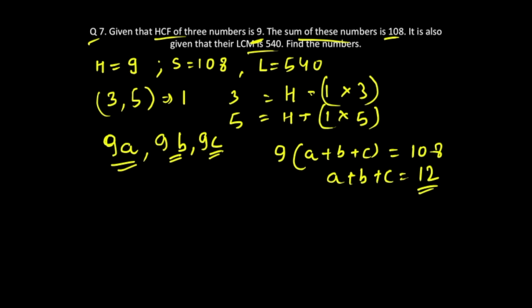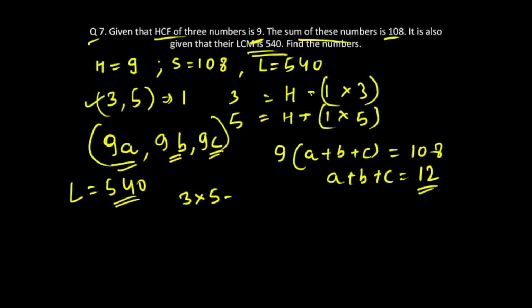Alright, now we'll deal with the part where LCM is given to us. LCM is 540. So how can we use these numbers 9A, 9B, 9C to come to the LCM? Consider these two numbers again, 3 and 5. LCM of 3 and 5 is how much?